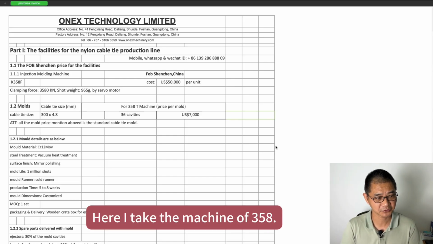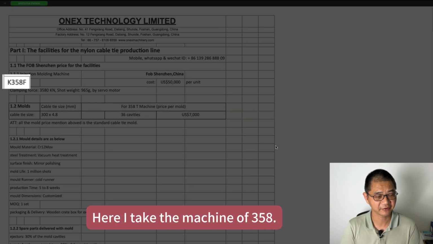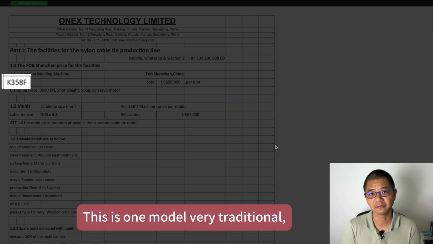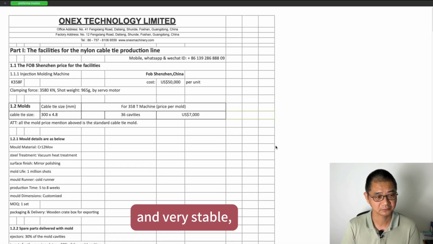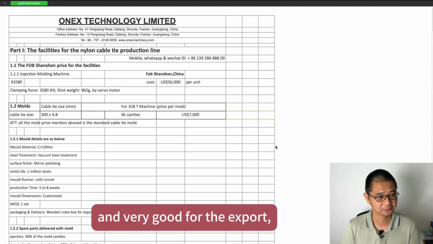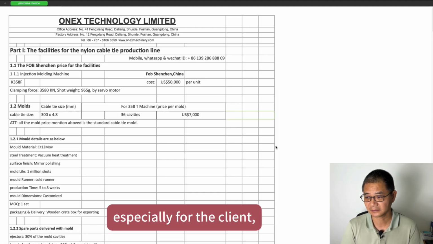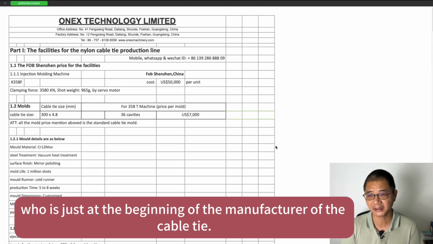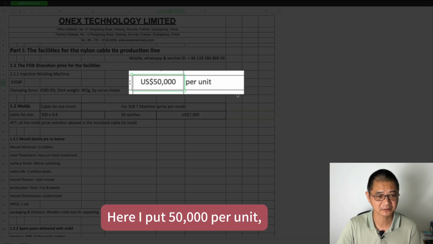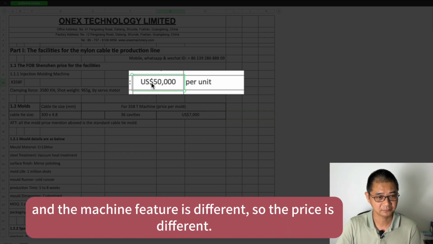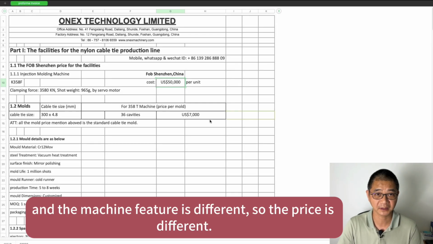Here I take the 358 machine. This is one model, very traditional, very stable, and very good for export, especially for the client who is just at the beginning of cable tie manufacturing. Here I put 50,000 per unit, and the machine features are different, so the price is different.